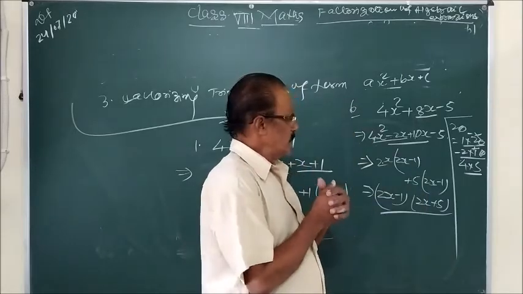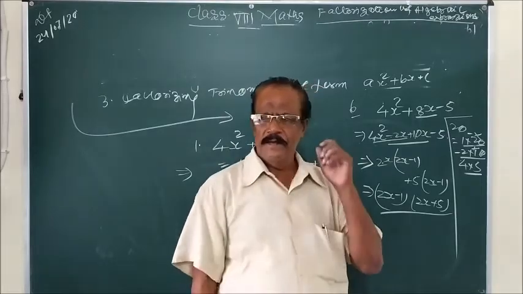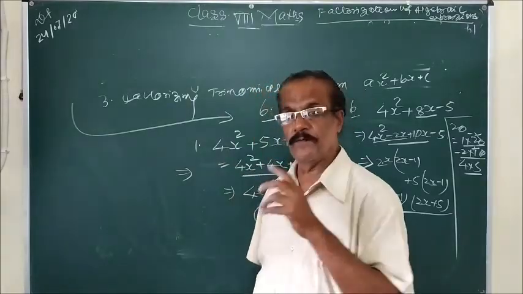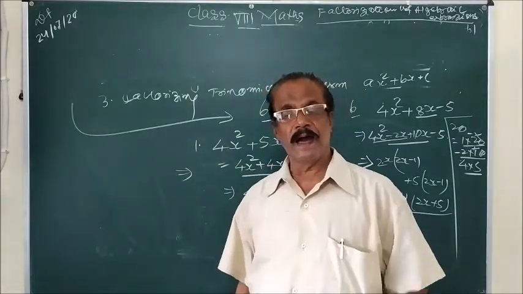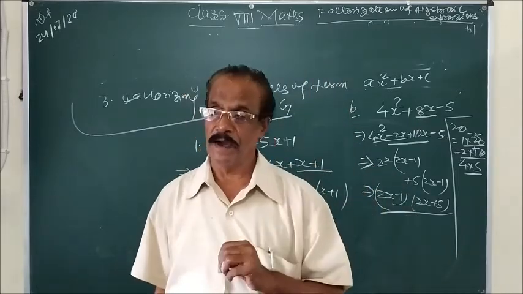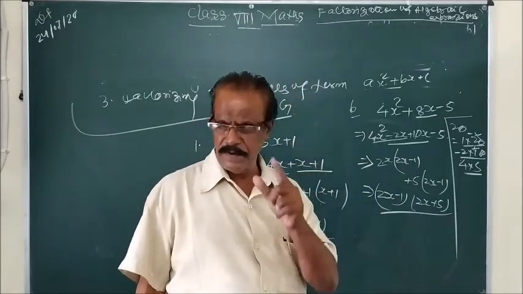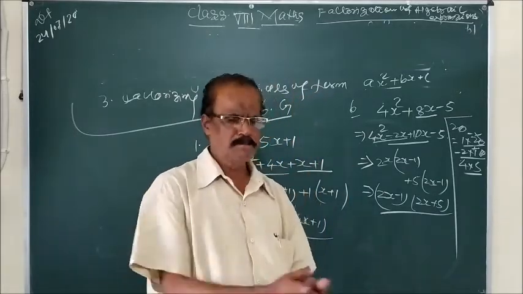So I would like to re-explain in a very short time. First I explained how you will factorize if the terms are in the form of a difference of squares. The formula is a square minus b square is equal to a plus b into a minus b.